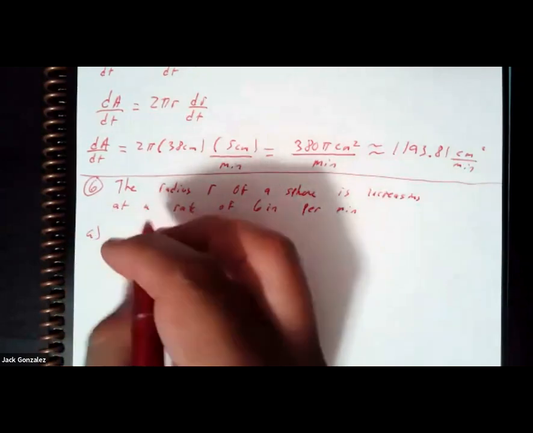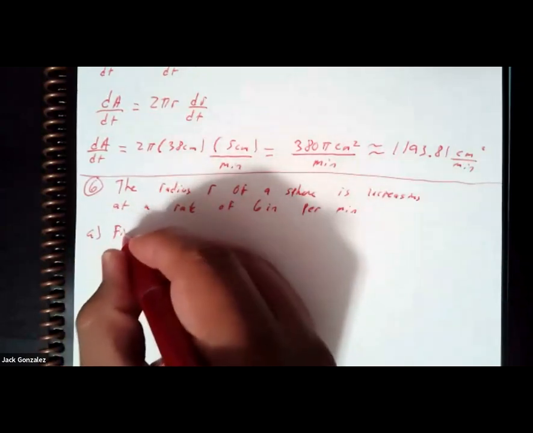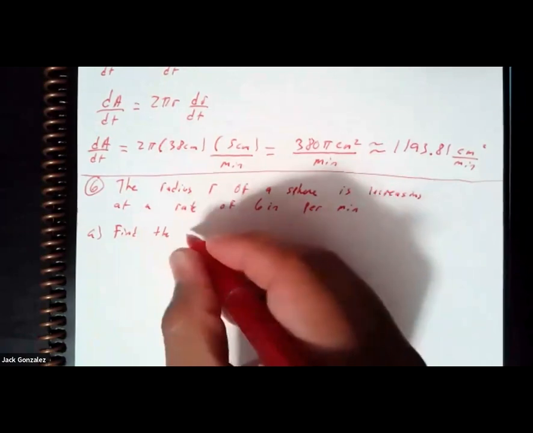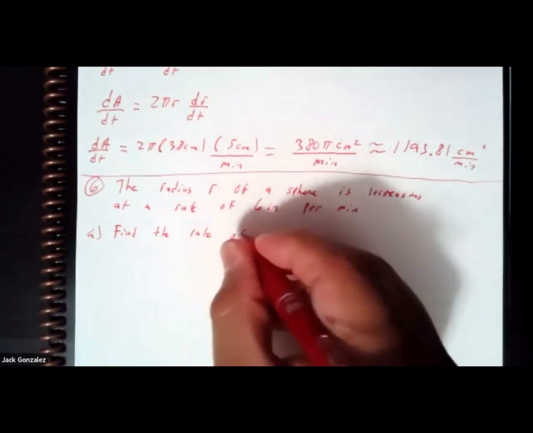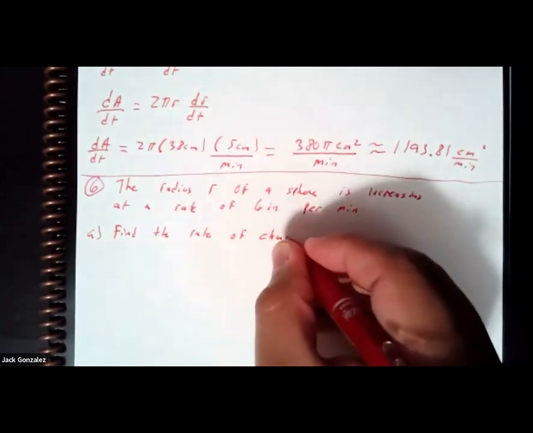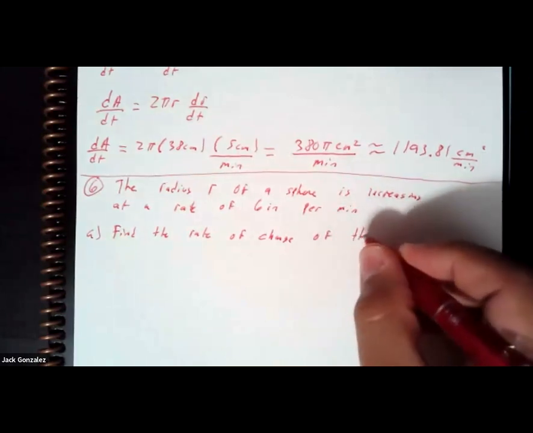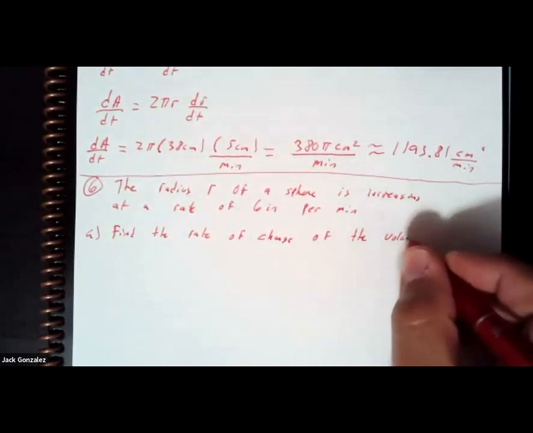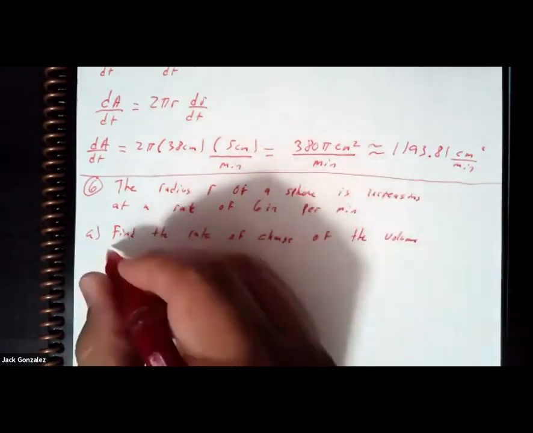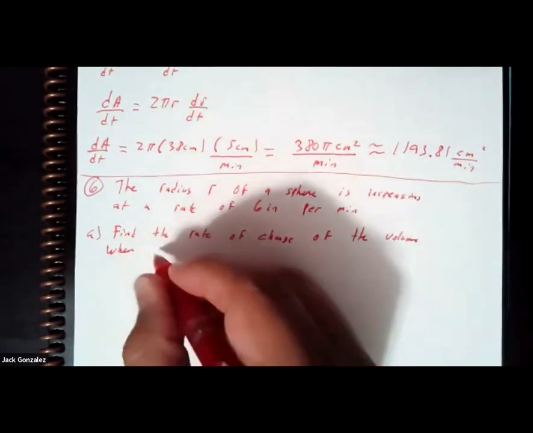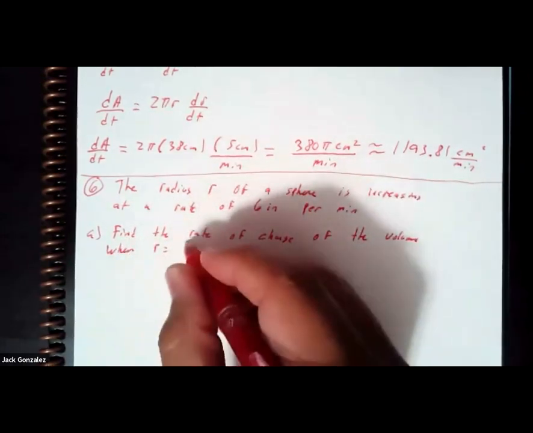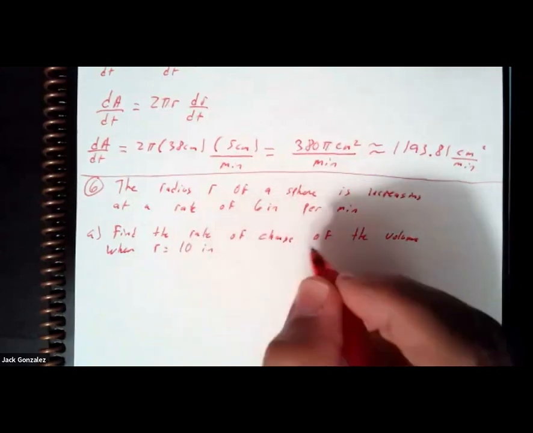Part A, find the rate of change of the volume when r is equal to 10 inches.